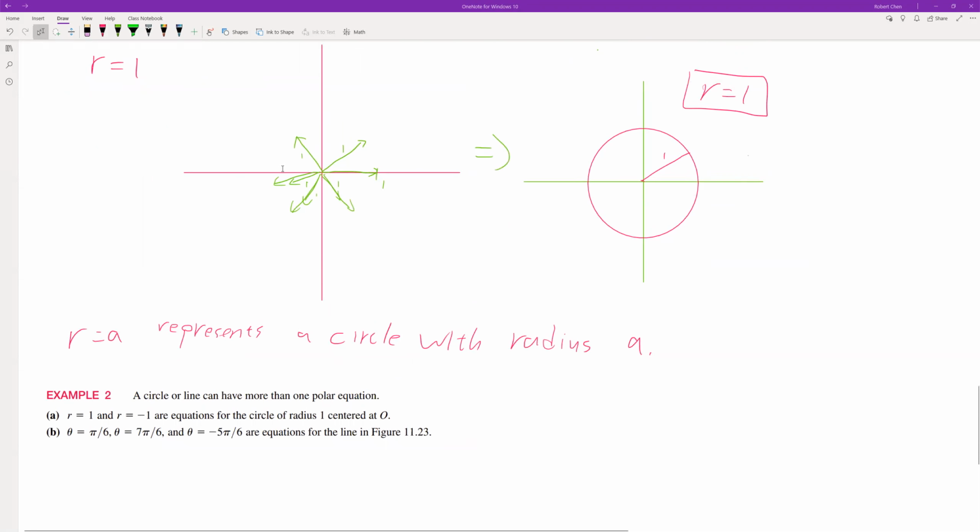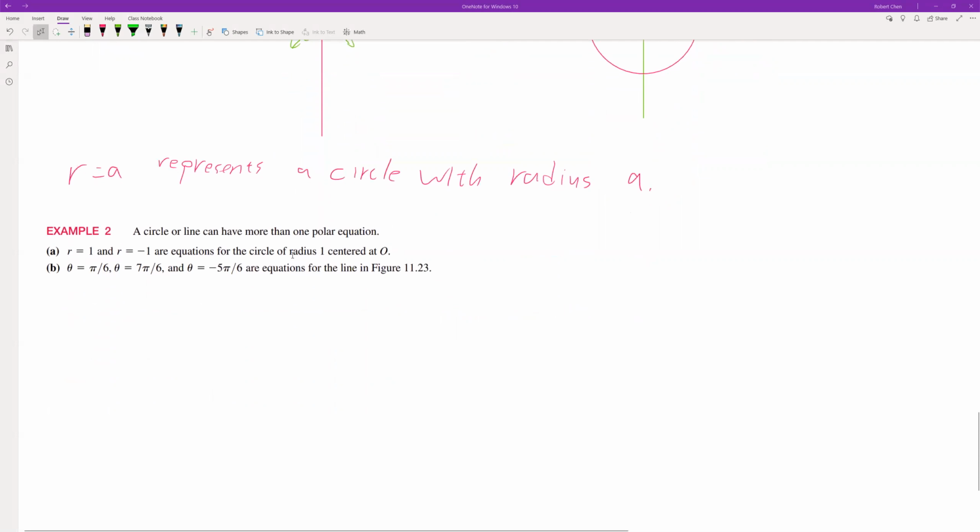If it doesn't specify the angle theta or the rotation, it means you can rotate however many rotations you want, and then at the end you will just get a circle with radius 1. Right? Doesn't matter if it's 1 or -1, but when you graph out the circle, the radius is always positive, which is 1. Right? So r equal to 1 and r equal to -1 will actually give you the same graph, the same circle.